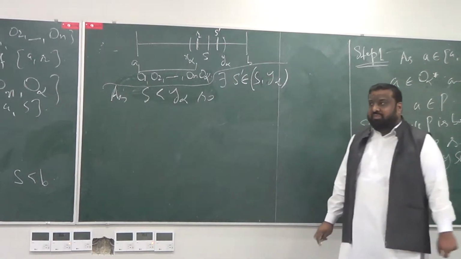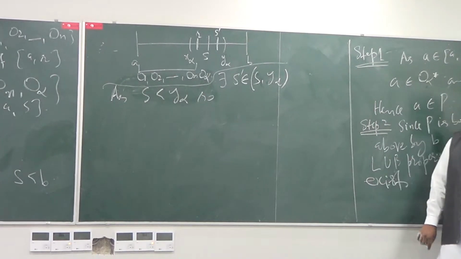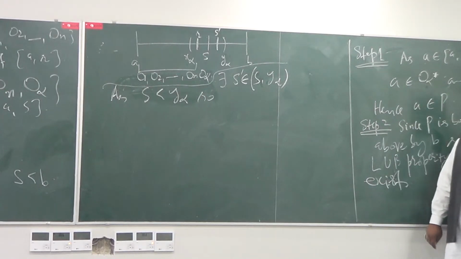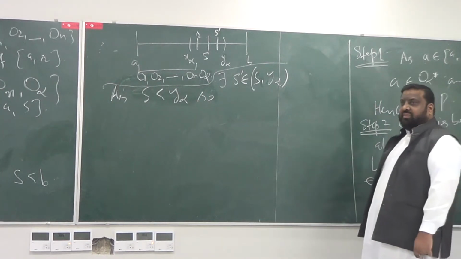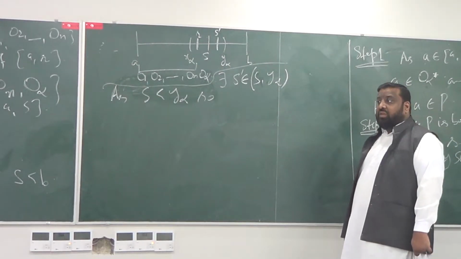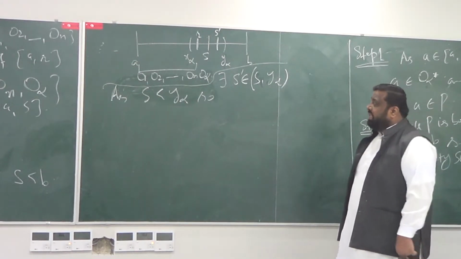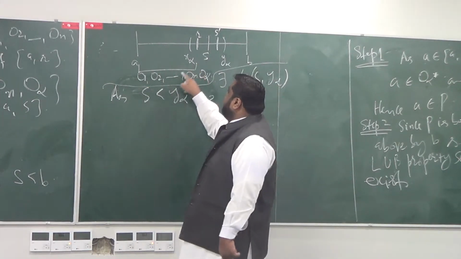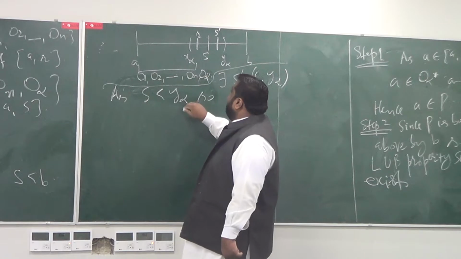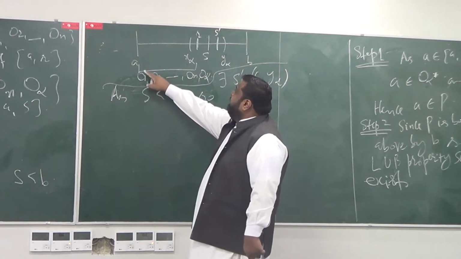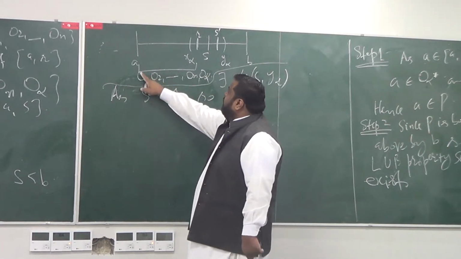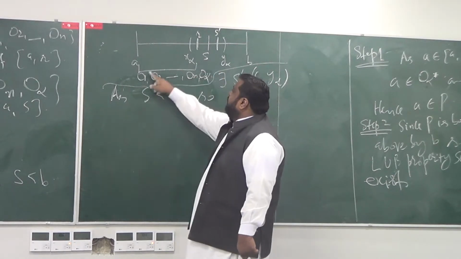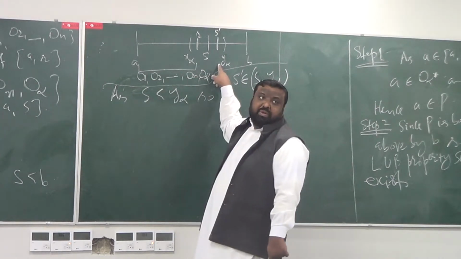What's going to happen? If I added O alpha, what's going to happen? So if I have O1 to On, which covers from A to R, and I add O alpha, then this is a finite subcover, not only from A to S, but it's also a finite subcover from A to S prime actually.